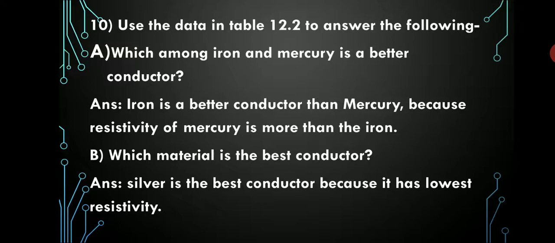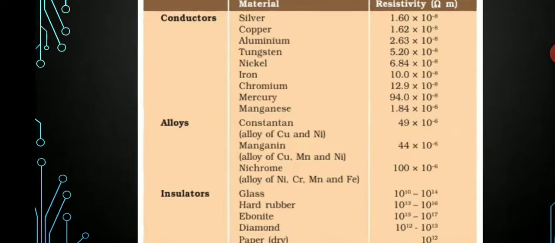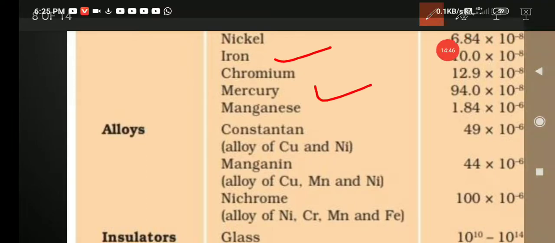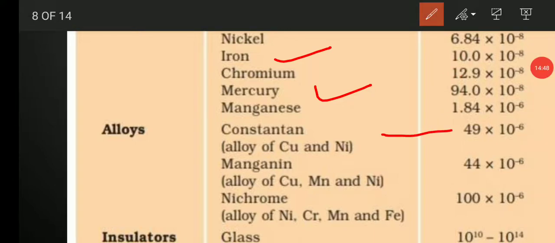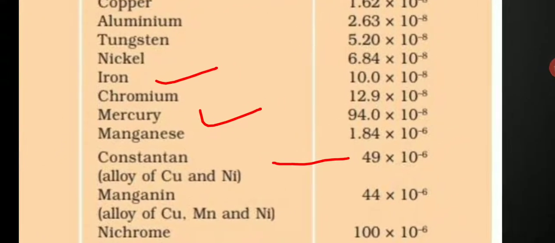So I said earlier in the previous question about the resistivity. If the material has high resistivity, then it is a bad conductor. If the resistivity is less, then it is a good conductor. Okay, now let's see that table again. So if you see iron and mercury, now look at the resistivity value here.